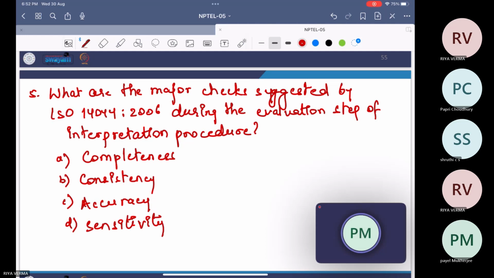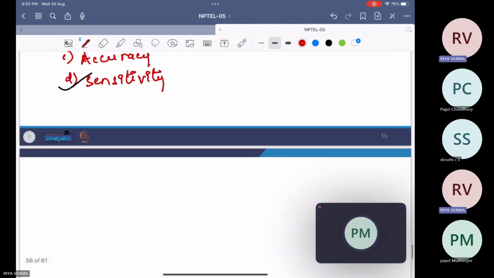Completeness, consistency, and the last one, sensitivity. Yes.